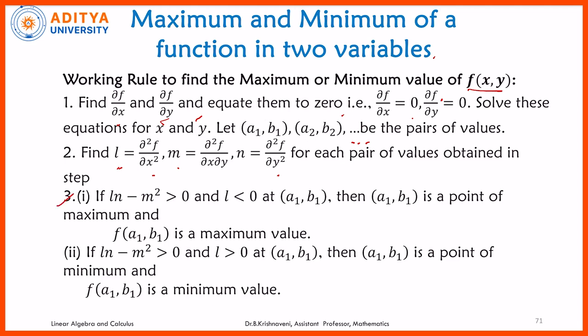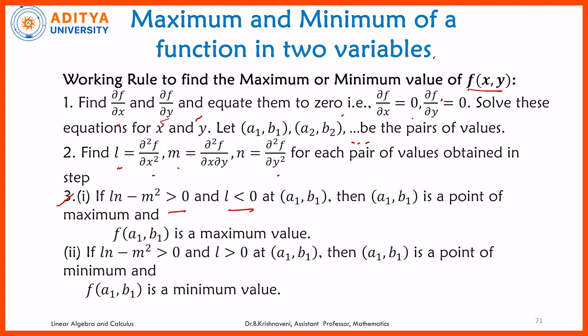The third step is, we'll calculate LN minus M squared and see at what point the function has a maximum value, a minimum value, or neither. Suppose LN minus M squared is greater than 0 and L is less than 0 at a point (a1, b1).